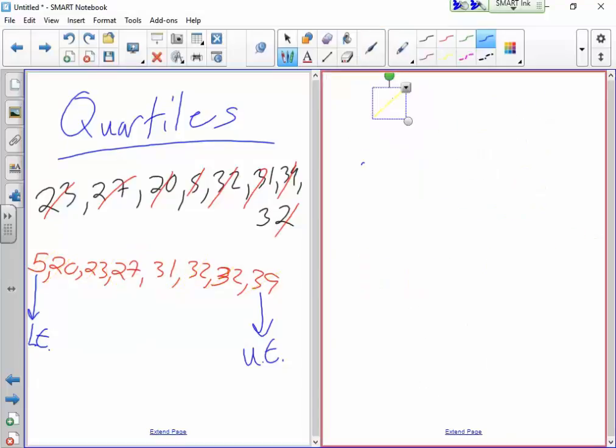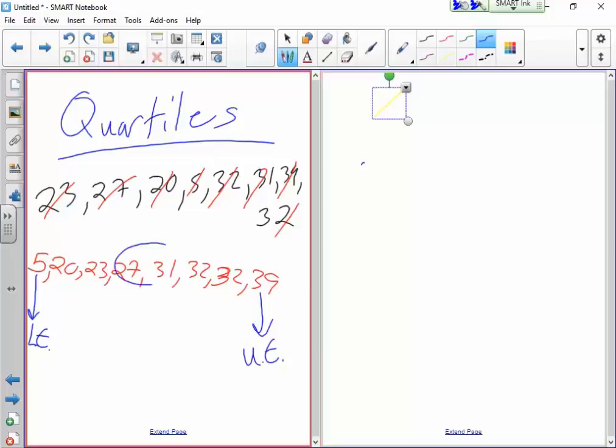Sometimes it's helpful to know that it's the center of the two. If we know the number in between 27 and 31, they're both 2 away from 29. Is that making any sense?